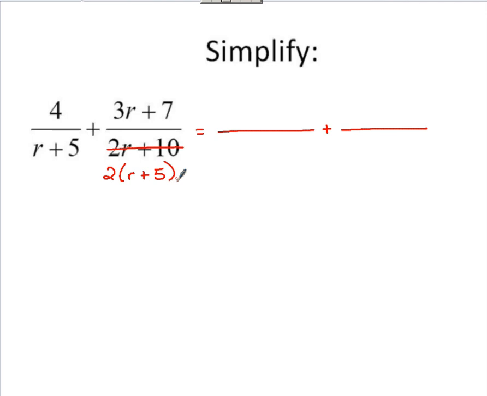By doing that, we can see there is a 2 that's present in one of these denominators, so I need a 2 present over here in my least common denominator. I can also see there's factors of r plus 5. 1 here, 1 there. The greatest amount of times that occurs is just once, so I only need 1 over here in each.